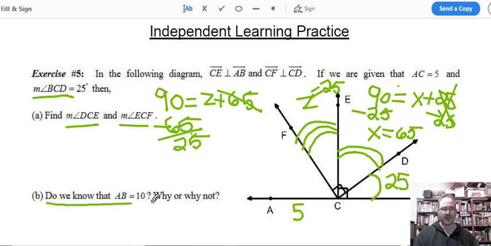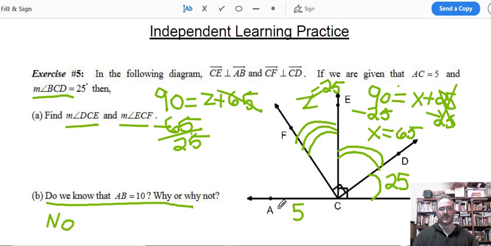Let's move on next. Do we know that AB equals 10? If we're told that AC is 5, are we told that C is the midpoint? We're not, right? There's nowhere in here that tells us that C is the midpoint. So we don't know. No, we don't.